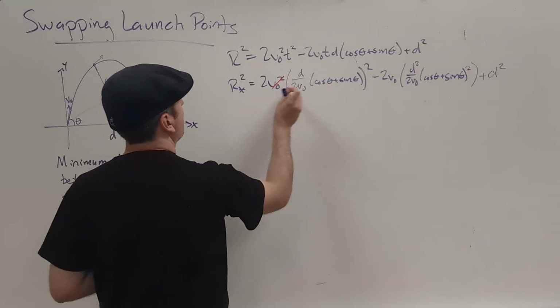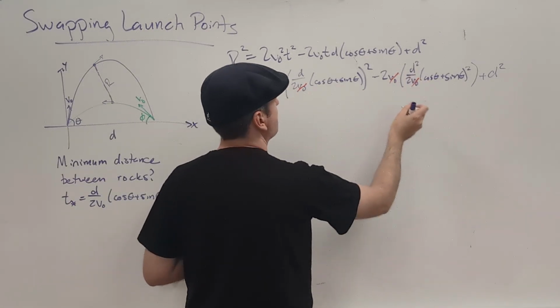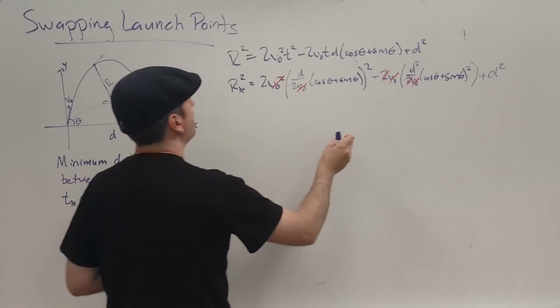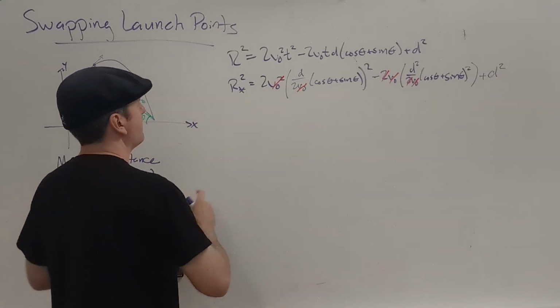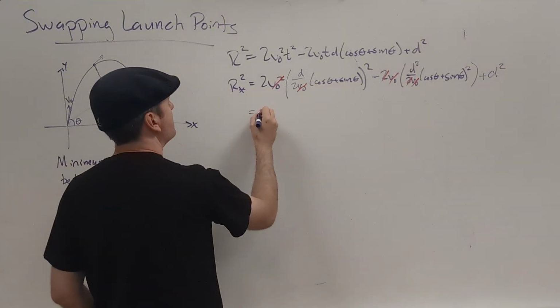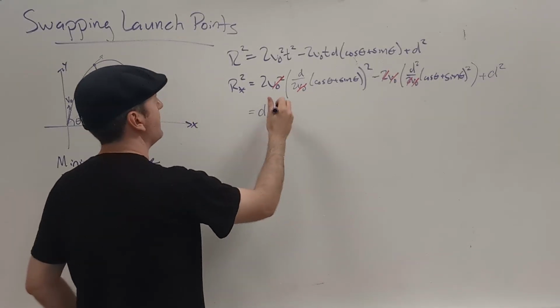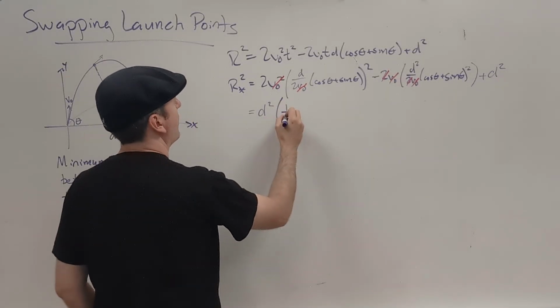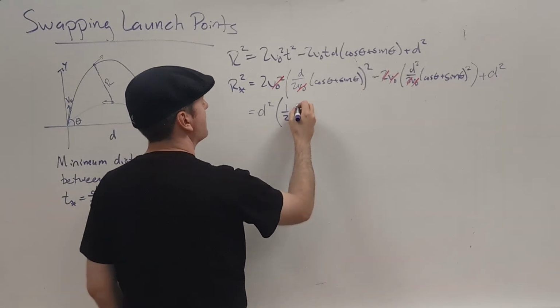First of all, the V naught squareds cancel, and the V naughts cancel. These 2's cancel. These 2's don't cancel. I'm going to be left with a D squared in all of these, just for dimensionality. It has to have a D squared. And then this first term will have a 1/2, because one of the 2's cancels. And I'll go ahead and expand this binomial.